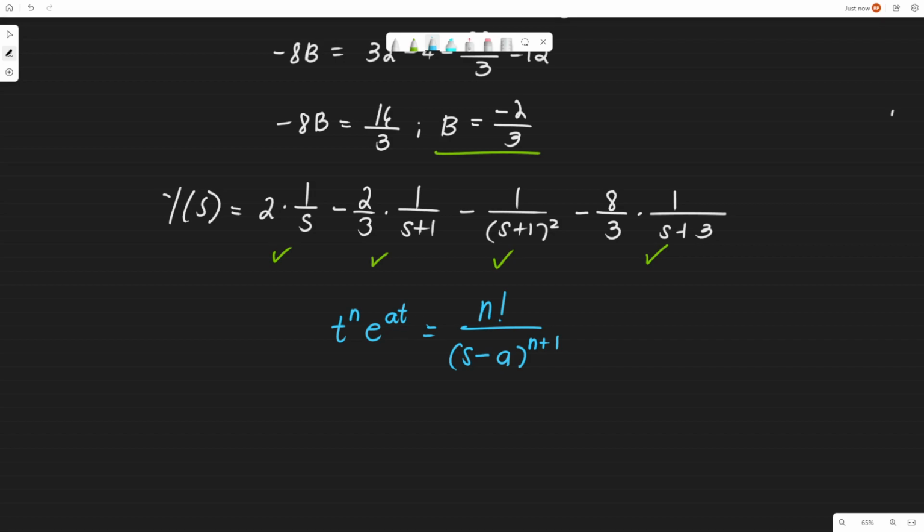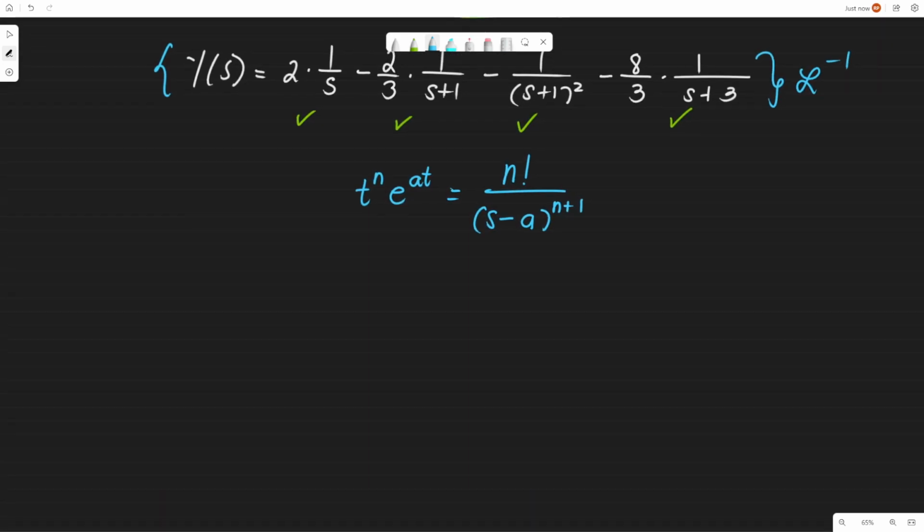No? So, let's get the inverse Laplace. Okay? So, the answer is, we have y is equivalent to 2 minus 2 over 3 e raised to negative t. Okay? Then we have minus t e raised to negative t.